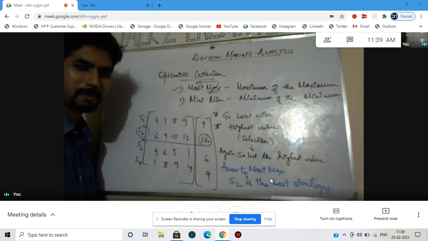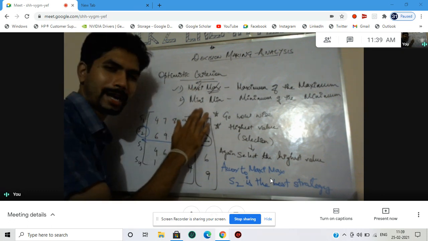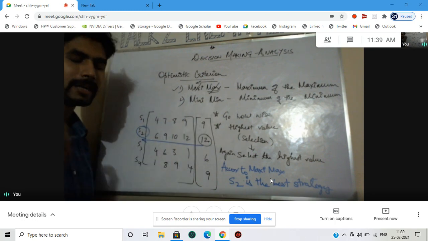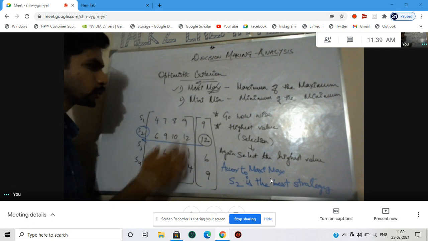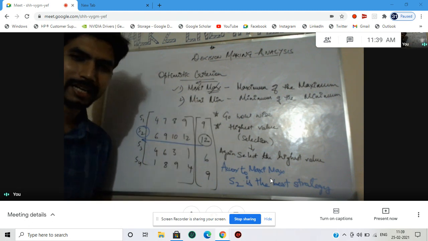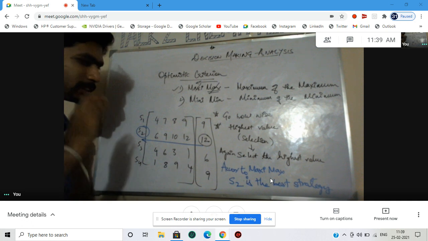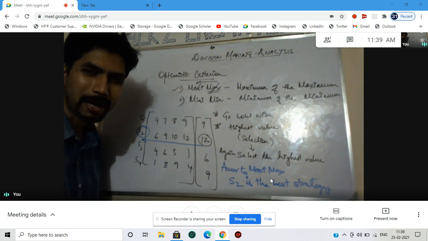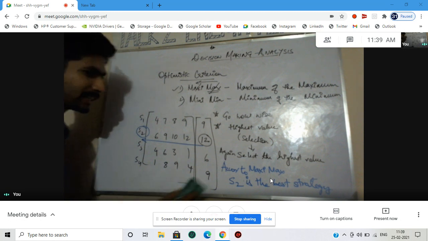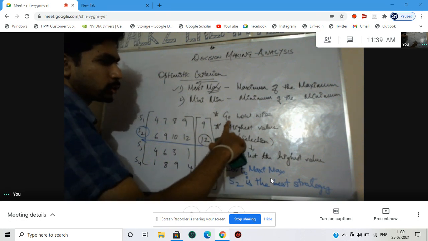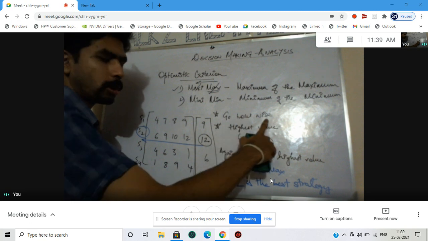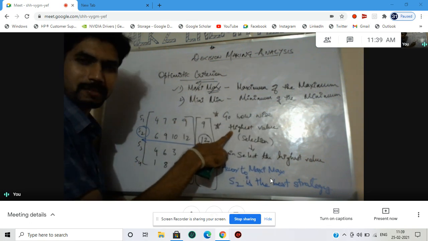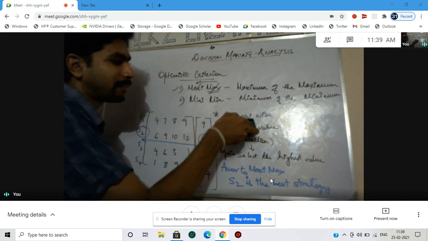This is about Maximax. Then we will see Minimin, the second technique under decision making analysis. Same concept. The only thing is you will be selecting the minimum values. Again, you're going to go row wise, and in Minimin, you're not going to select the highest value, you are going to select the least value.